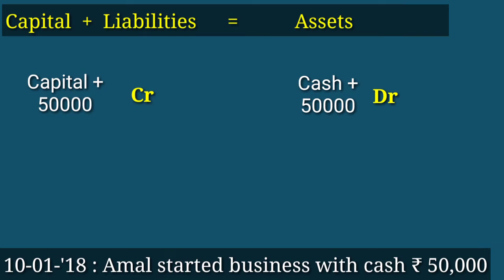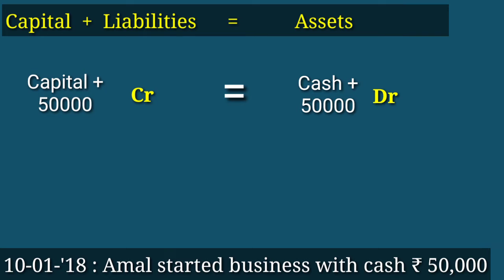See here, cash 50,000 and capital also 50,000. Both sides are equal, so the accounting equation is correct. Here cash is debit and capital is credit.